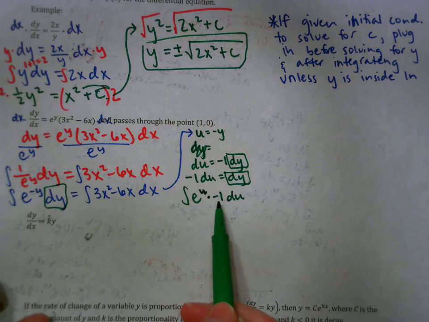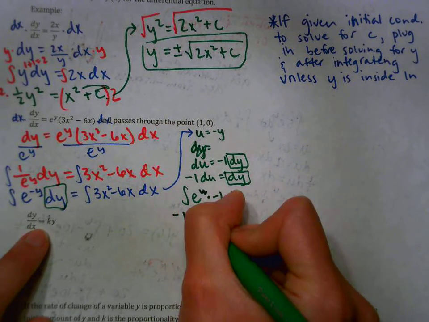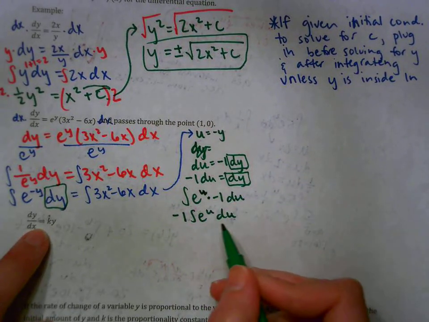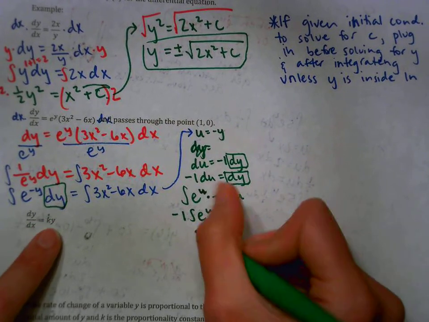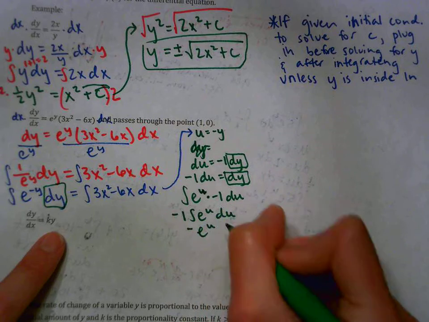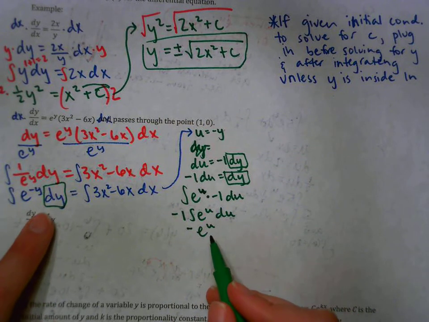So what can I do with that negative 1? It's a coefficient. So I can bring it to the very front of my integral. And now I just have the integral of e to the u, which we know is e to the u. And you just keep your coefficient, so that'd be negative e to the u. So that is our left side.